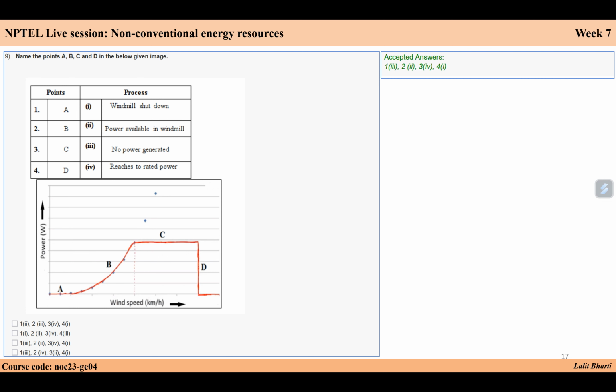Then we have the ninth question, where we have 4 points and we have to look at this figure and understand what A, B, C, and D are with respect to a windmill. So from A, you can easily understand that there is no power production here.